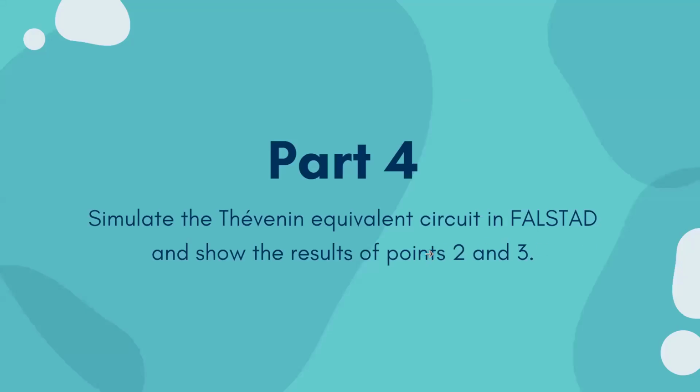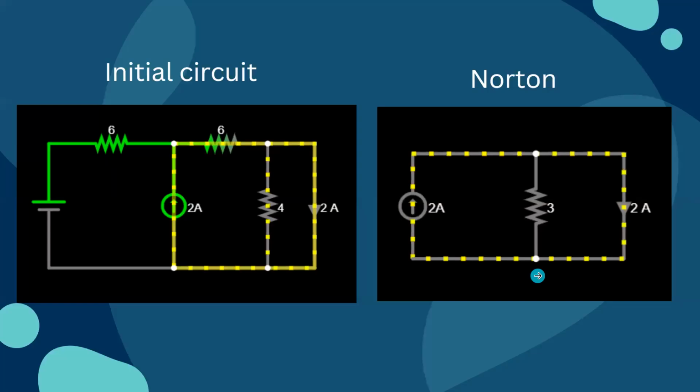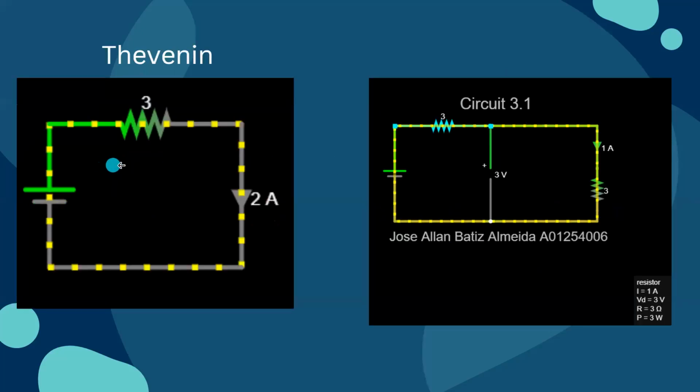For the last part of this problem, we have to simulate the Thevenin and Norton equivalent circuits in FastLab and show the results of points 2 and 3. For this, we start by using FastLab with the initial circuit, the Norton circuit that we used before, and then the Thevenin circuit.